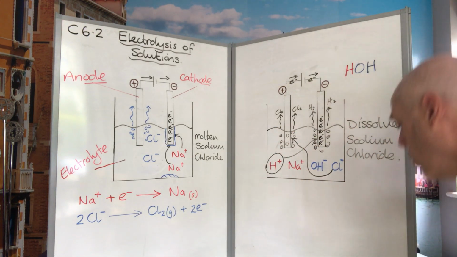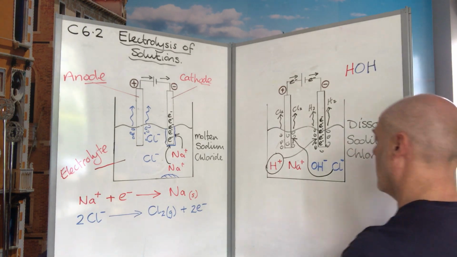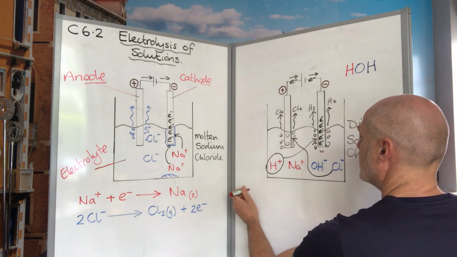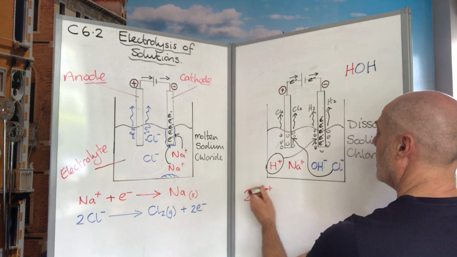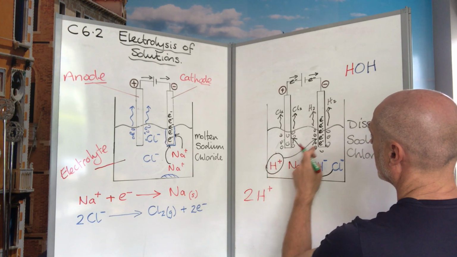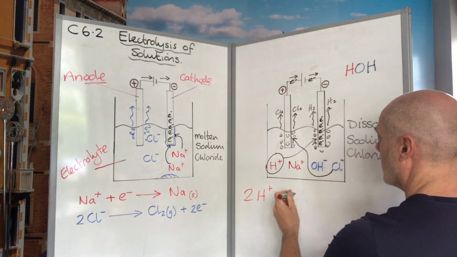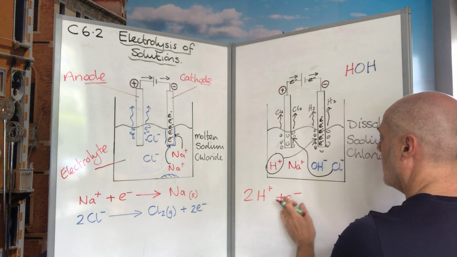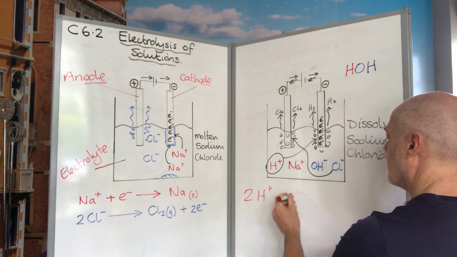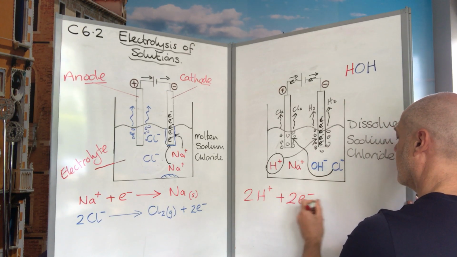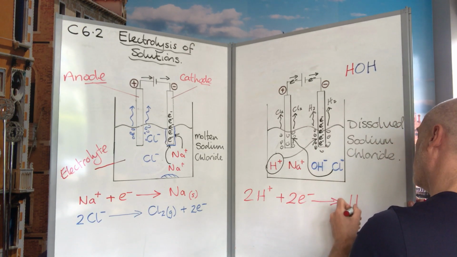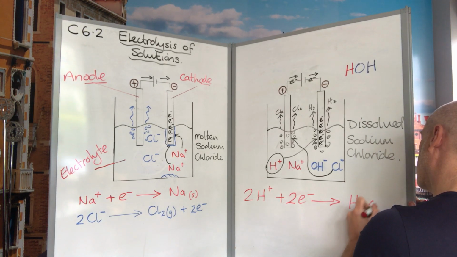If we look at the equations here, let's look at hydrogen first. If we take 2 hydrogen ions here, they go across, they pick up electrons from here, and they form hydrogen gas.